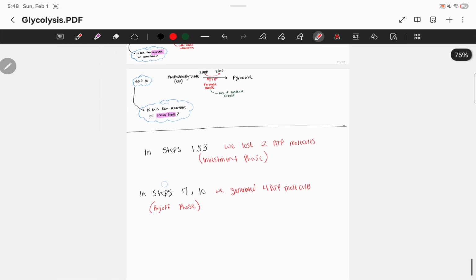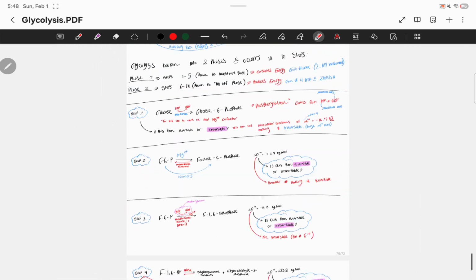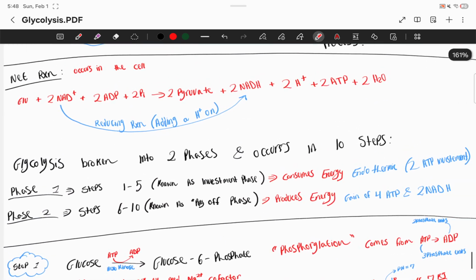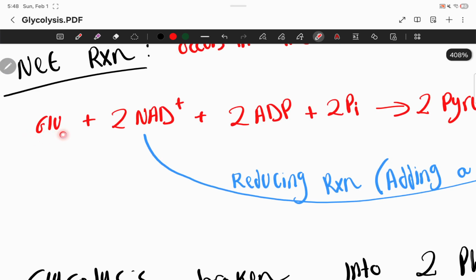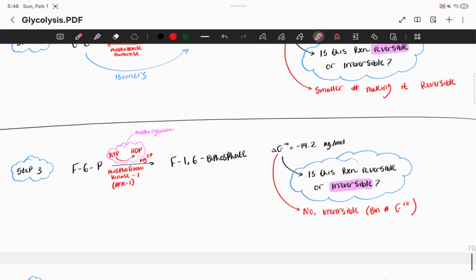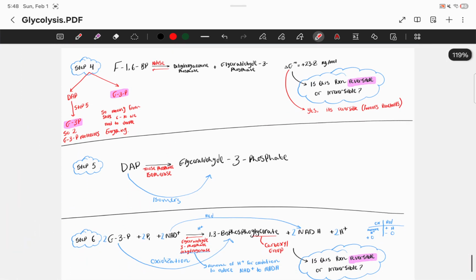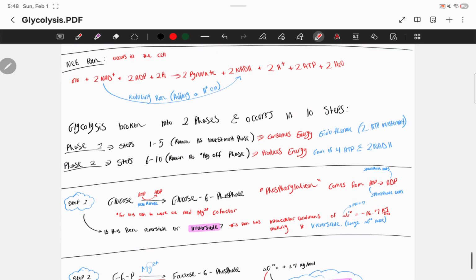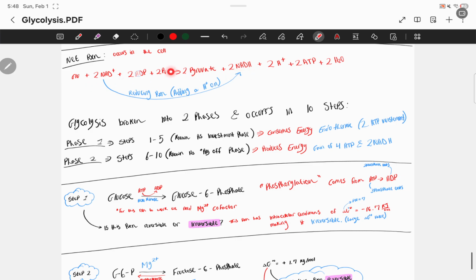And then moving to the net reaction, just to see where we got all of that. In the net reaction, we have the glucose, and remember in step 6, we've gained 2 of all of those. That's where we see them in the original net reaction right here: 2 NAD, and then 2 inorganic phosphate.